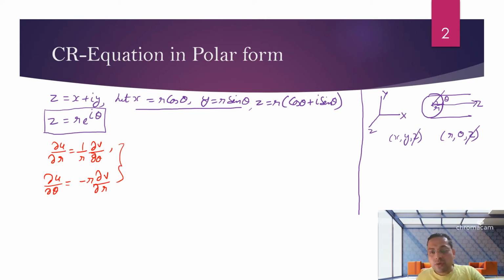Okay, so for the complex function we note that f(z) is equal to u plus iota v, and z is equal to this in polar form. So substituting this value, we can say that f(r e to the power iota theta) is equal to u plus iota v.